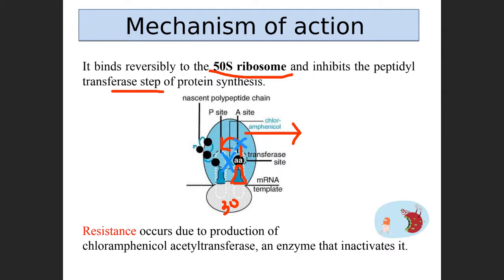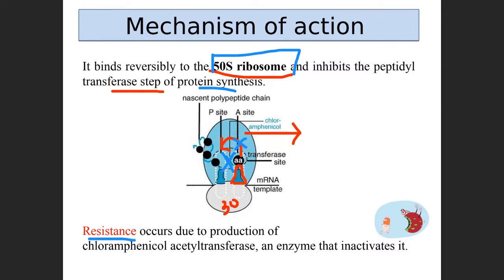So if this is inhibited, ultimately what will happen? The protein synthesis will be inhibited. So this is the mechanism. The mechanism is a little bit different, but the ultimate goal is the same, that is the inhibition of protein synthesis, and the binding site is different. Here it is 50S. For tetracyclines, it is 30S.